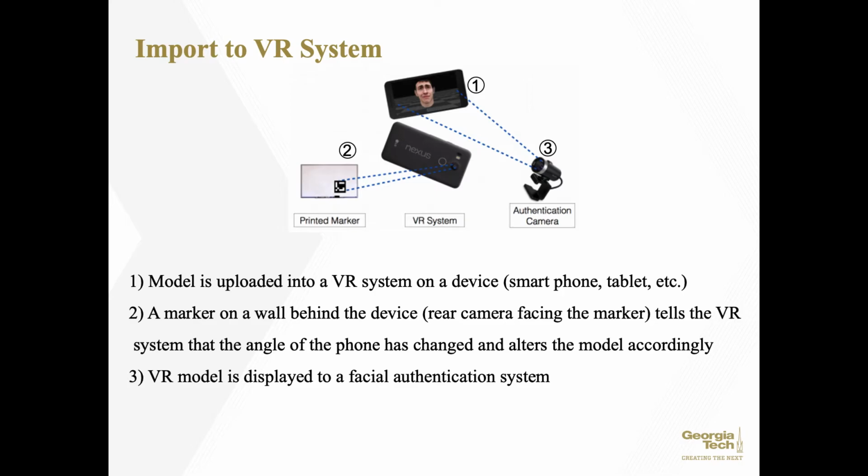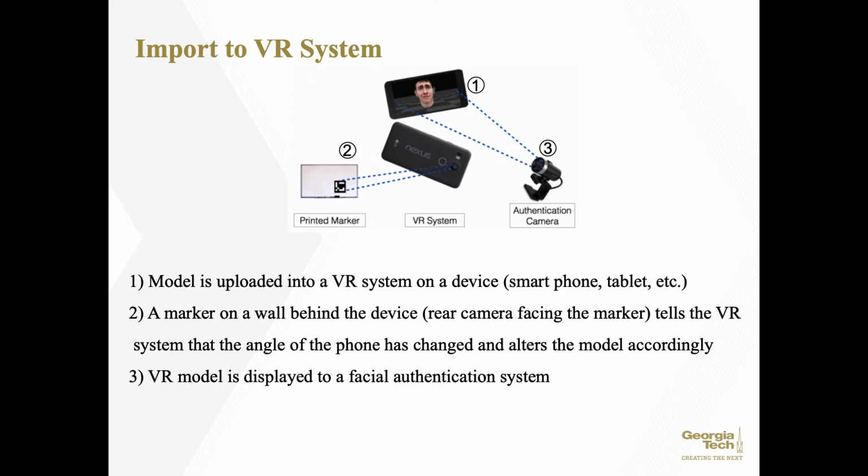In order for the model to display the 3D effects that would be expected if the person moves, we have to do a little bit of work. So we can break this into 3 steps somewhat. One is uploading the model into the VR system on a device, usually a smartphone. It could also be a tablet or a computer.